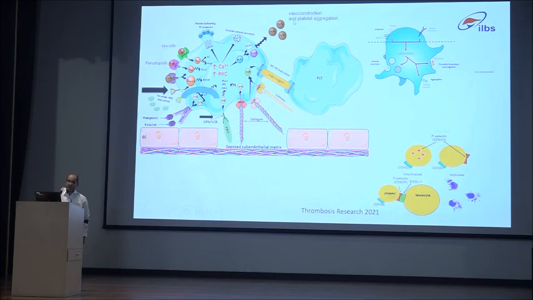Thromboxane is also released, which is responsible for the vasoconstriction and platelet aggregation. And this thrombin, by the interaction with its receptor, will lead to the activation of the platelet. The activation is assessed by two things. One is the platelet interacting receptor expression, that is GP2B/3A, and the P-selectin expression.